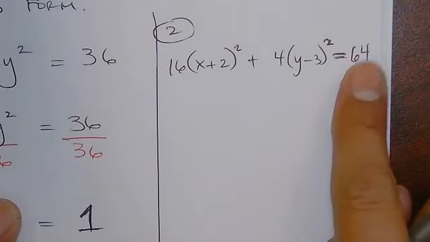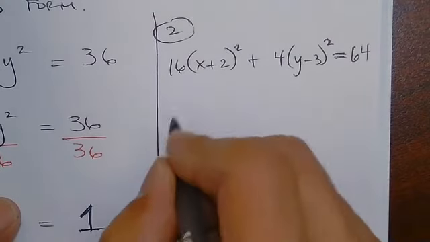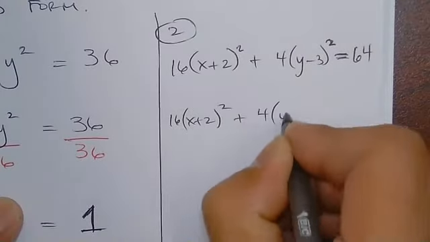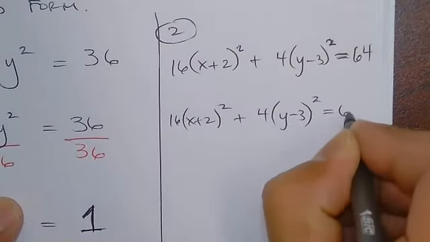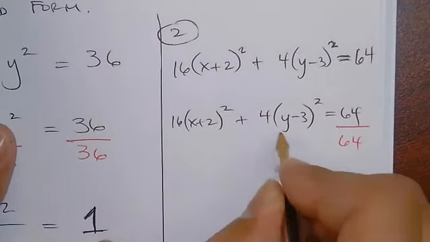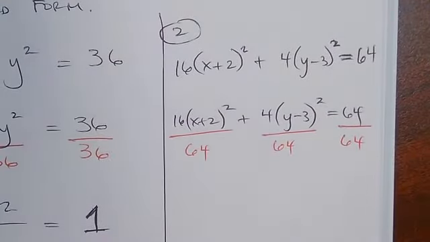Well, pretty much, we're going to make sure that this number over here has to be a 1. So what are we going to do? We've got to divide everything by 64.